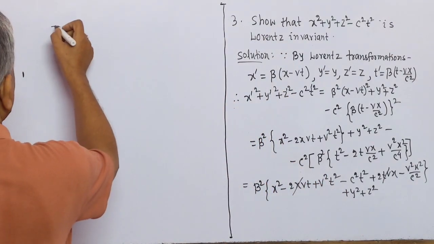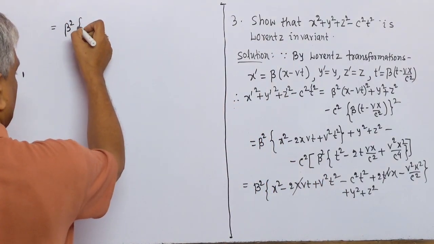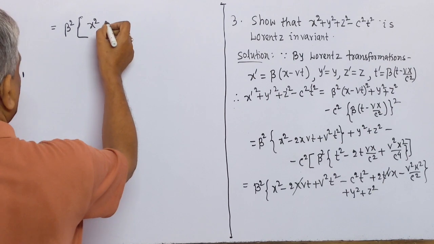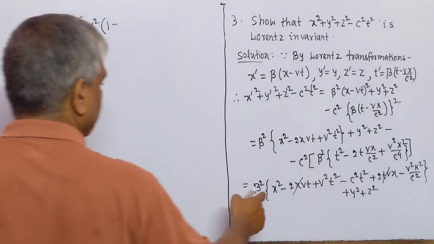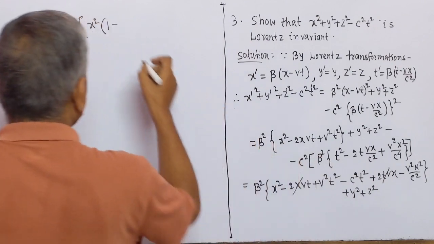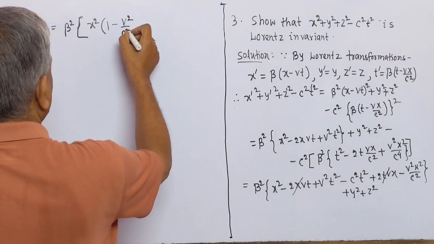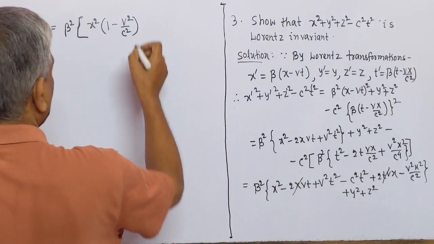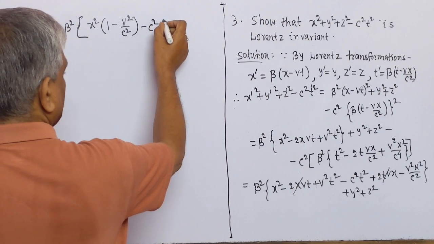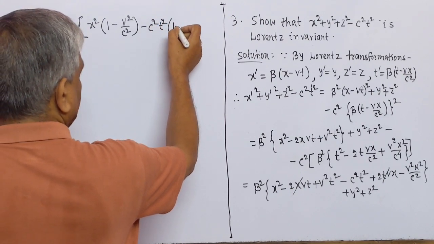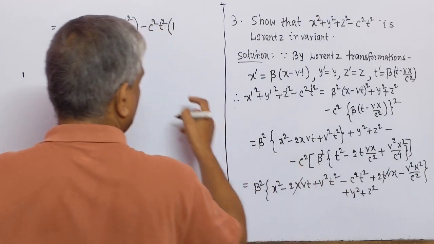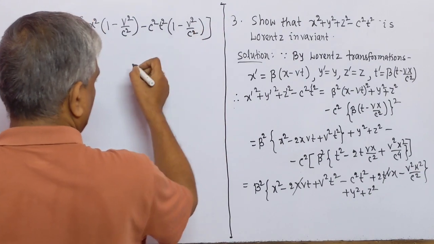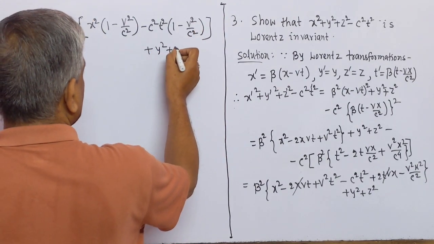This equals beta square, here we take common x square times 1 minus v square by c square, and here we take common minus c square t square, minus c square t square, remains 1 minus v square by c square, plus y square plus z square.